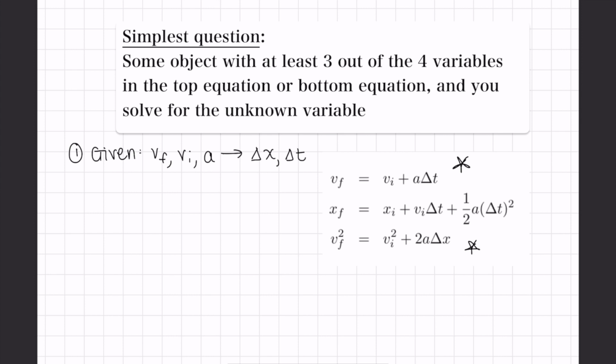I don't want to go through all of them and spend that much time, but another option would be that you're given VI, acceleration, and delta t, and then they could ask you for VF. You could also get delta x from this.